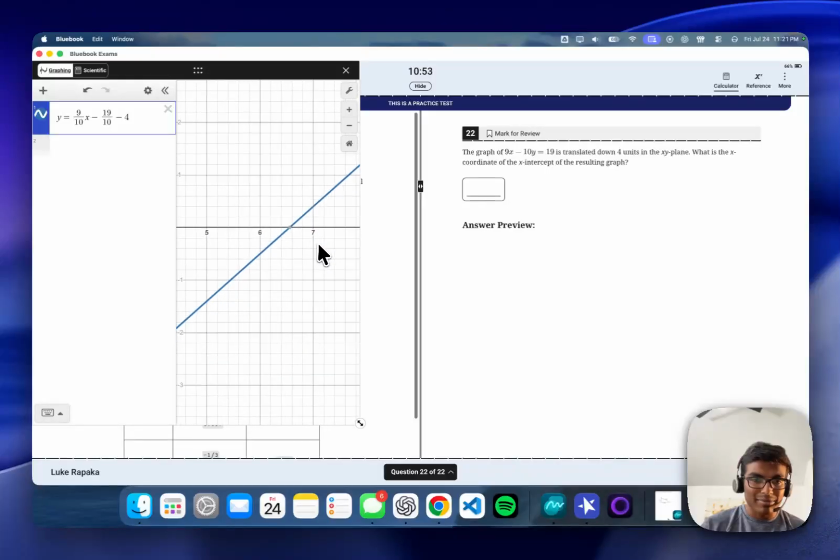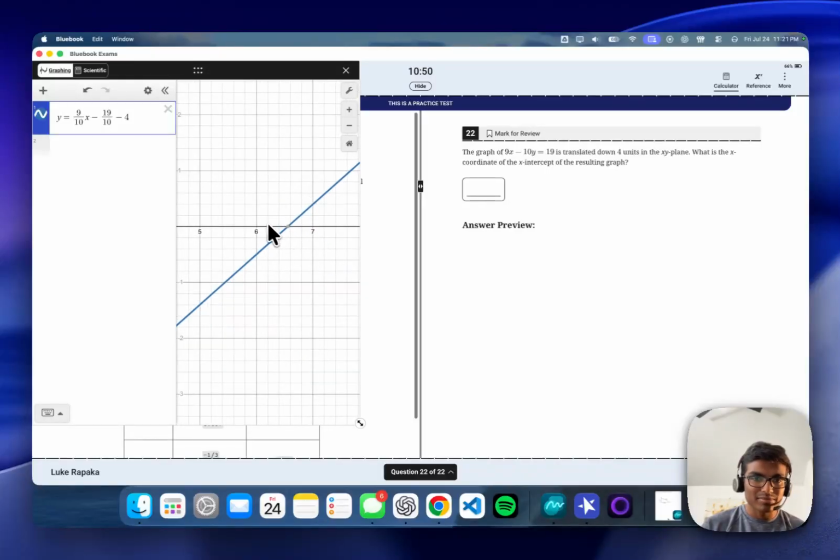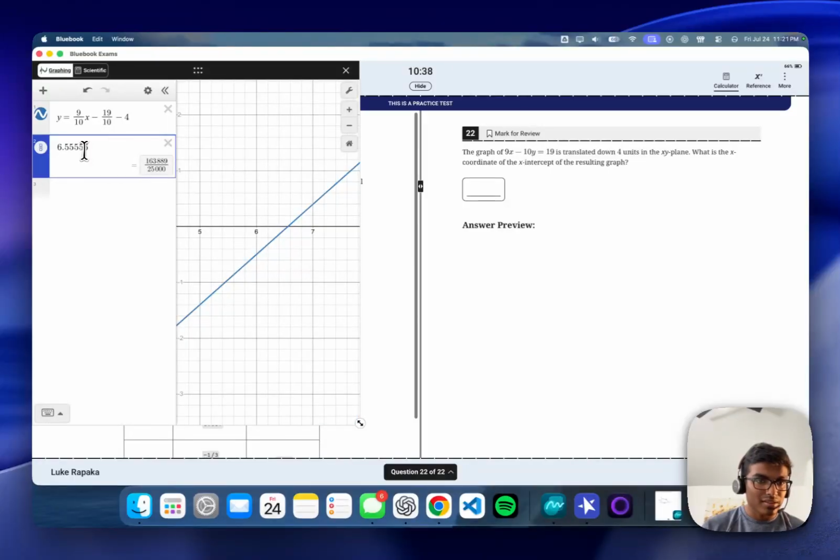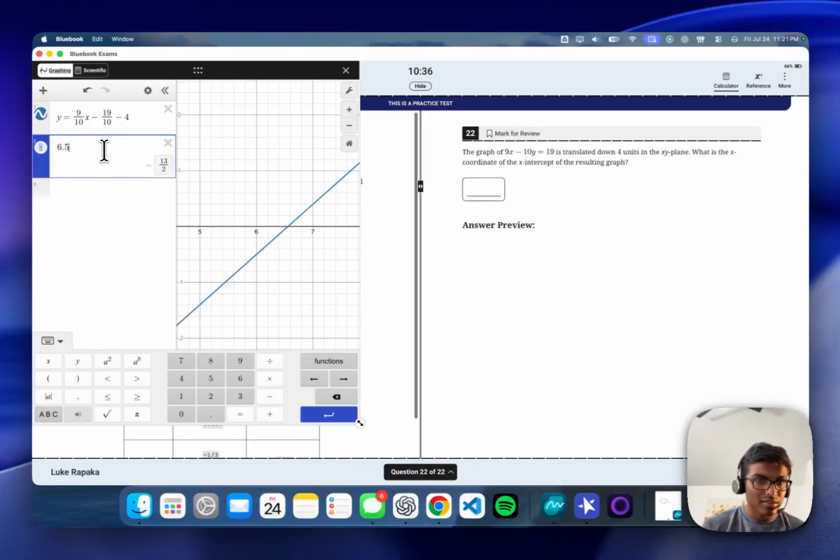Just look here, tap this, 6.556. Pretty sure this is 6 and 5/11 or something, but 6.555.